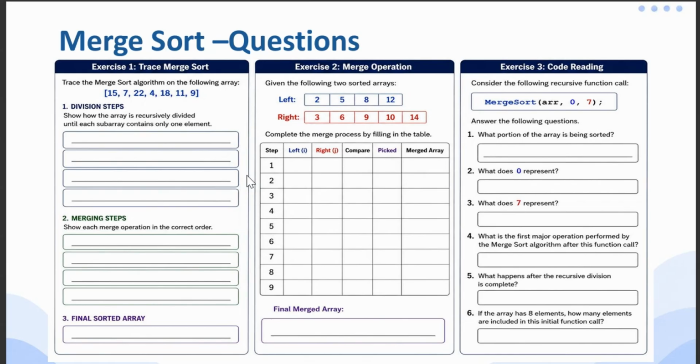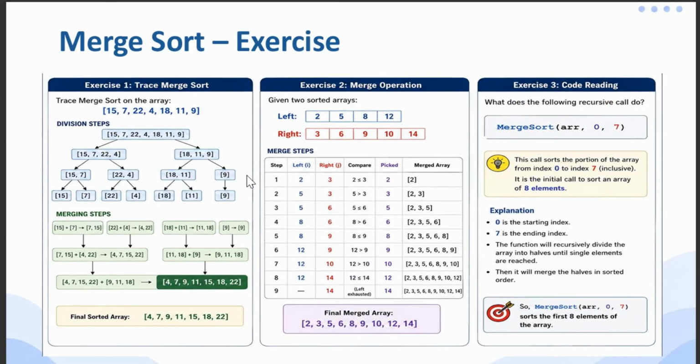And the third question is, consider the following recursive call, and what portion of the array is being sorted, right?